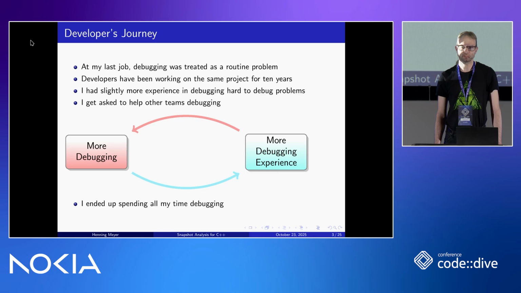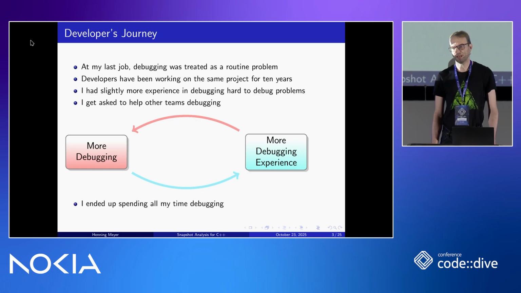And with my previous experience, I always got asked to work on the hard to debug problems, when we only have a core dump, when we cannot reproduce it, when we need to analyze memory consumption or memory corruption. And this created a really bad feedback loop where I would spend more time debugging and get more experience in debugging and end up spending all my time debugging instead of writing software.